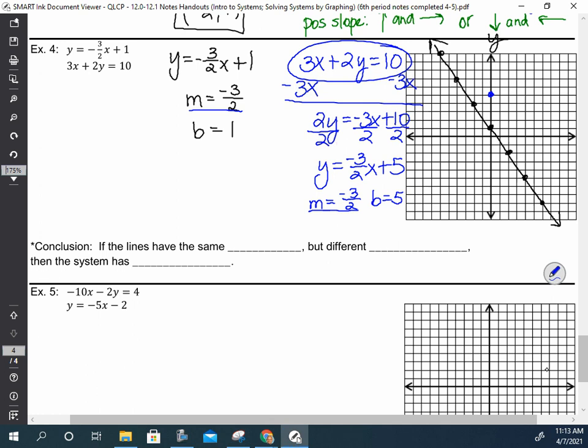So your slope is down 3 to the right 2. There's our two lines. What do you see?